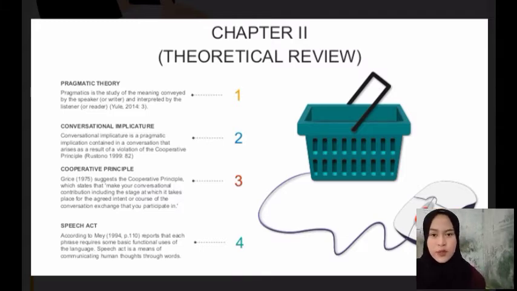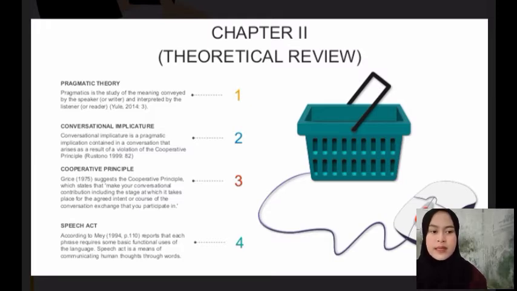Alright, let's move to Chapter 2, the theoretical review. In this chapter, I describe literature related to the topic. The first is pragmatic theory.